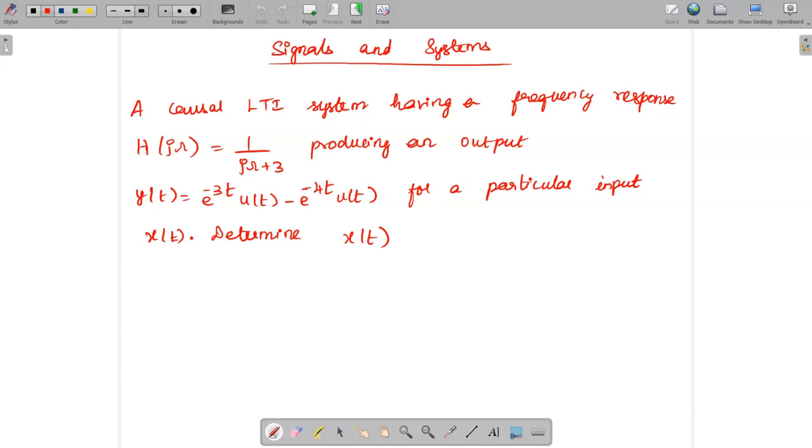So from this we can find out that it is a Fourier transform problem. That is, when we apply the Fourier transform to h(t), we will obtain H(jω).